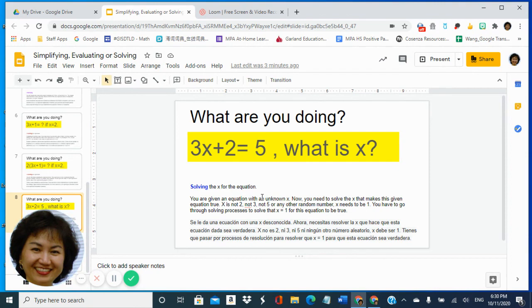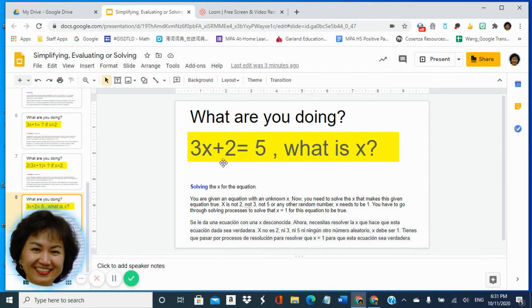So you have to find that x that makes this statement true. In other words, there is only one x is going to make this true. X is not equal to 2, not equal to 3, not equal to 5, or not equal to anything else, except x has to be 1.